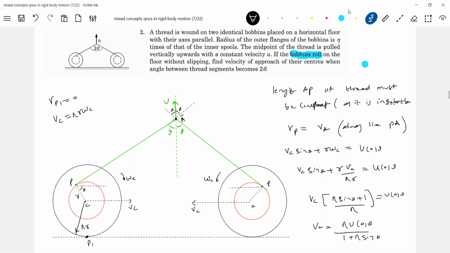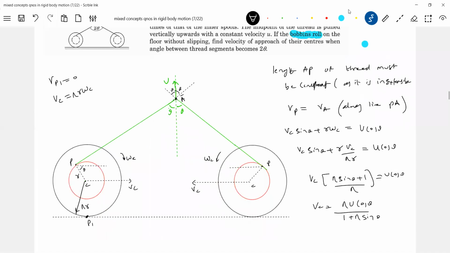What is the velocity of approach? 2 VC, because they move opposite to each other, no? So therefore this will become 2 eta U cos theta by 1 plus eta sine theta. This will be our answer. Just some constraint equation, like this also can be answered. You have to be careful.